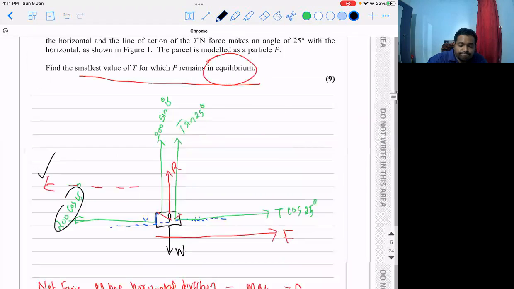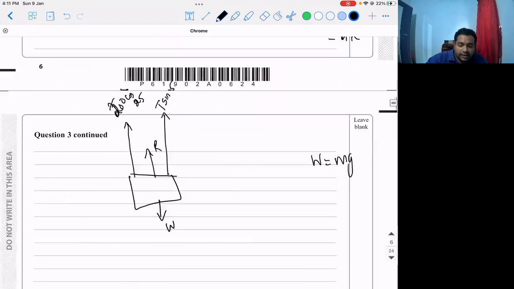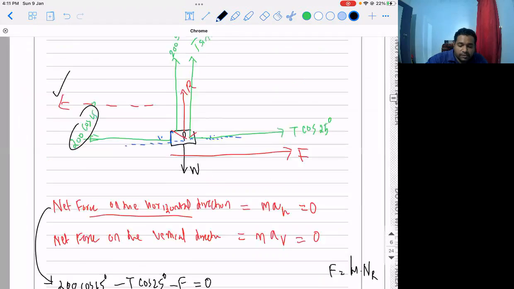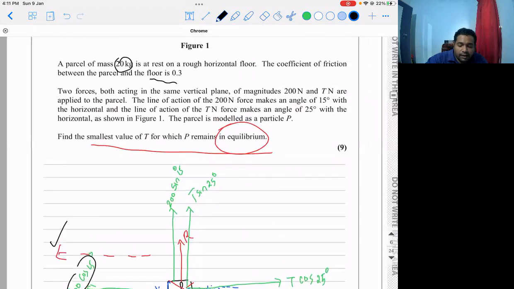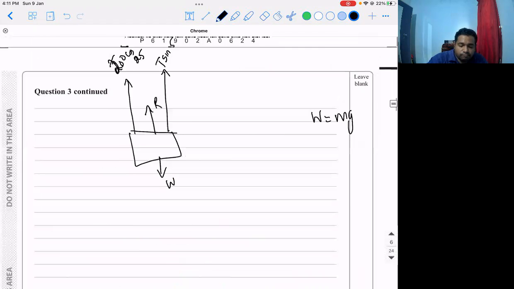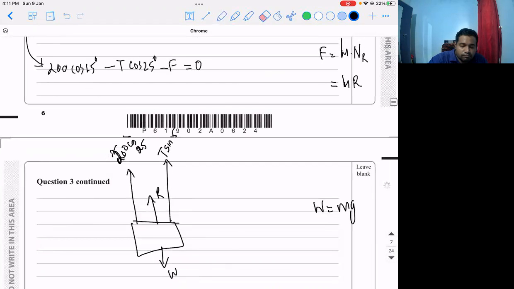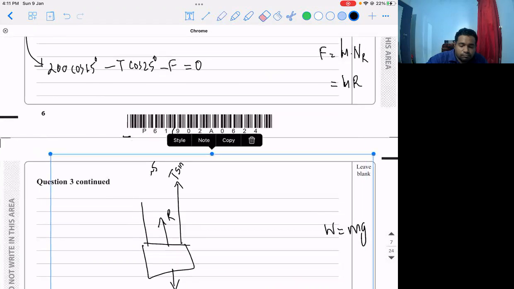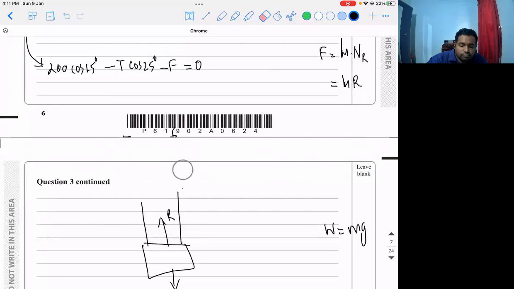I mean, so that is 15 degree, right? This is 25 degree and 15 degree. So I missed that part.